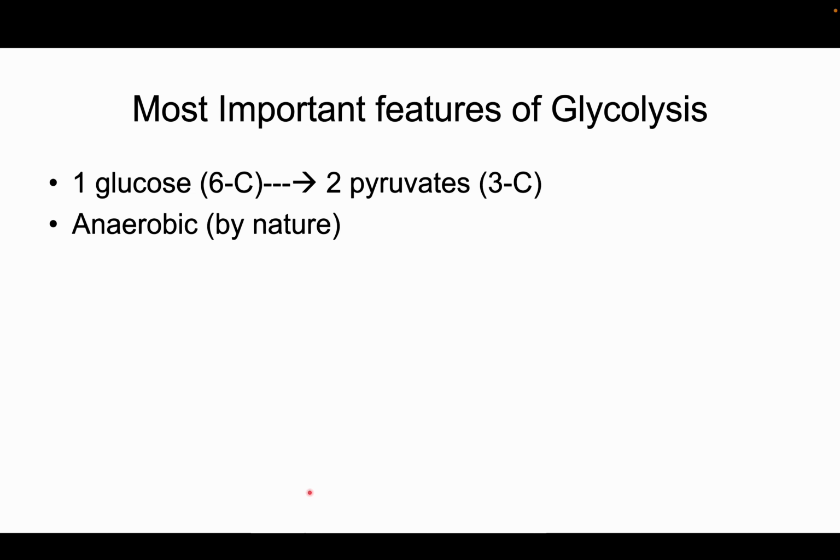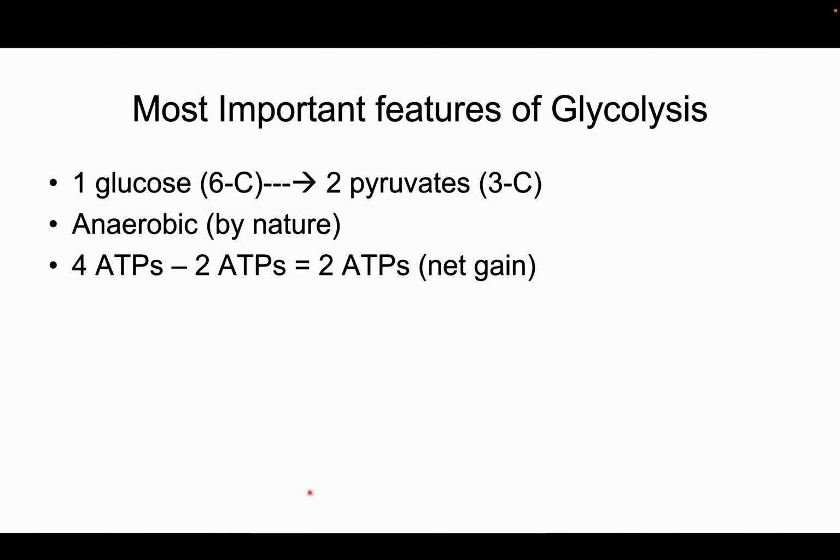In the absence of oxygen, the pyruvates cannot be translocated to the mitochondria. They cannot be used for oxidative phosphorylation, and the ATP yield is much lower compared to oxidative phosphorylation, where the pyruvic acids are translocated to the mitochondria because of the presence of oxygen.